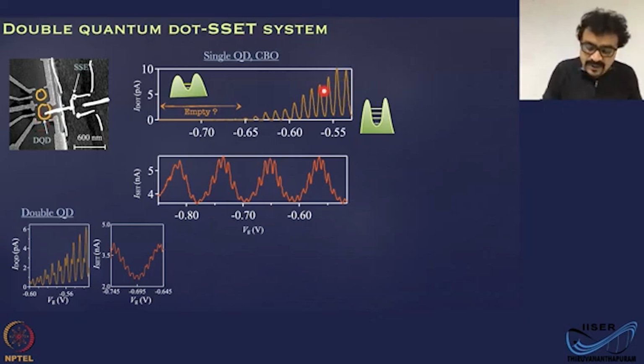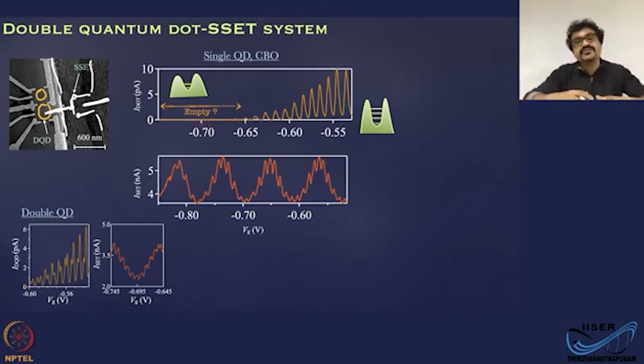Then these are the Coulomb blockade oscillations, which is the conductance through the dot as a function of the gate voltage. And as we mentioned in the previous lecture, you can see the oscillation amplitude is going down because you are making the gates negative, so you are making the tunnel barriers thicker. So you start with a really thin tunnel barrier, and the tunnel barrier becomes really thick as you make the gates more negative.